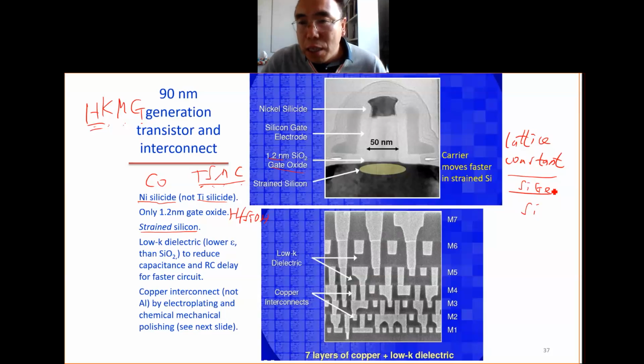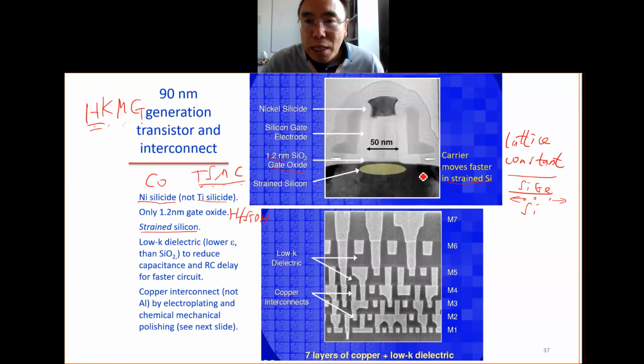So if we coat silicon germanium on top of silicon, the atoms will be stressed. It's called strained, and the lattice constant will become bigger. So this is called strained silicon.